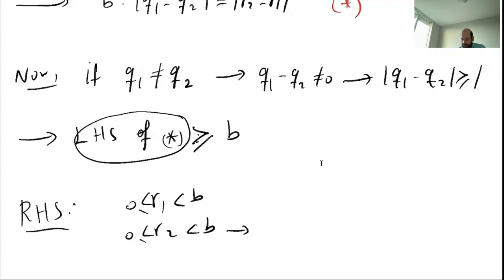So what can I say about minus R2? Minus R2 will be bigger than minus B less than or equal to 0, right? So let's add it. I just multiply with minus 1, it flipped the inequality.